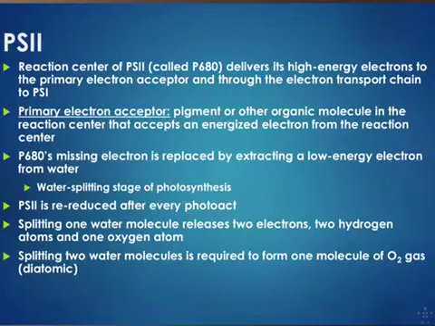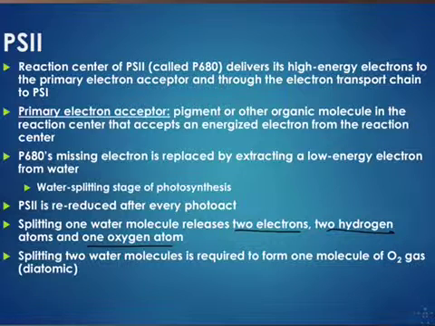Let's see. PS2 is re-reduced after every photoact. So after every time we lose that electron to the electron acceptor, we split that water molecule and add another electron to the reaction center, reducing it. Splitting one water molecule releases 2 electrons, 2 hydrogen atoms, and 1 oxygen atom.